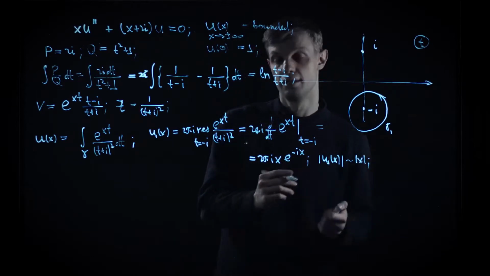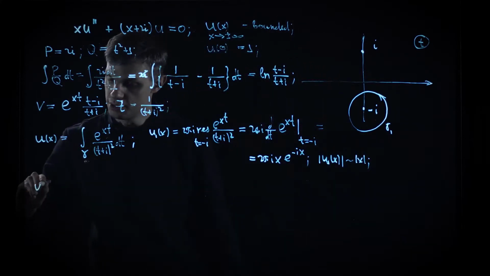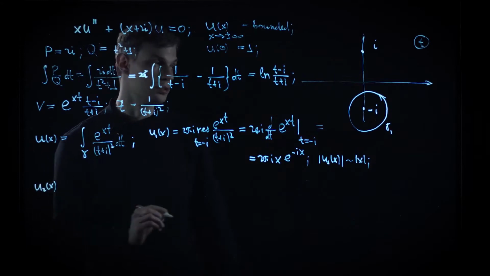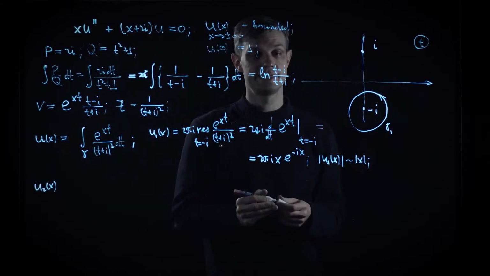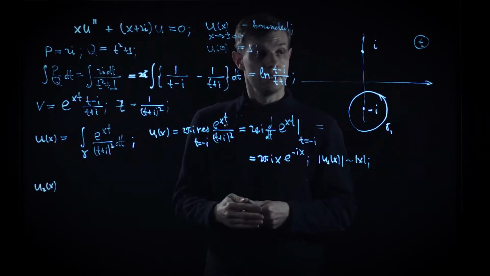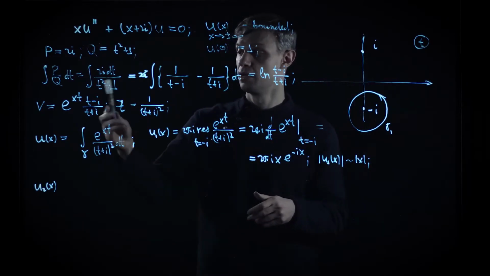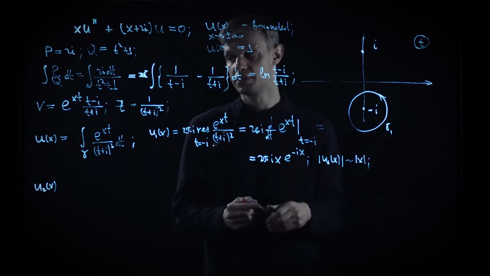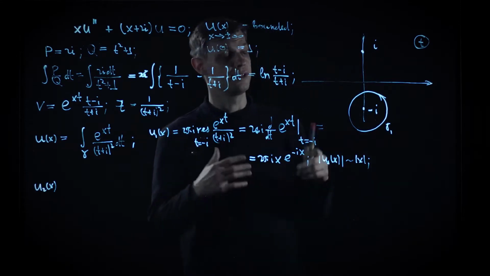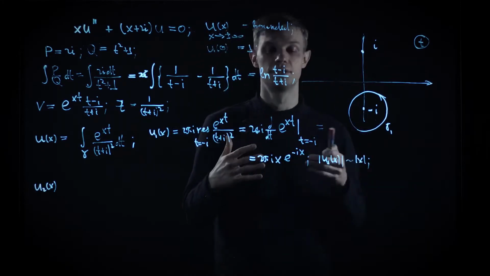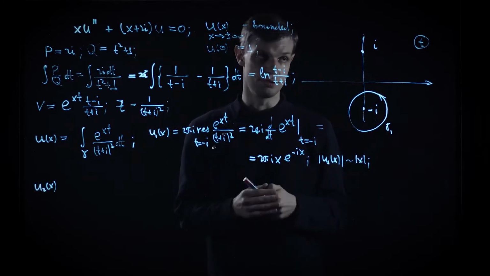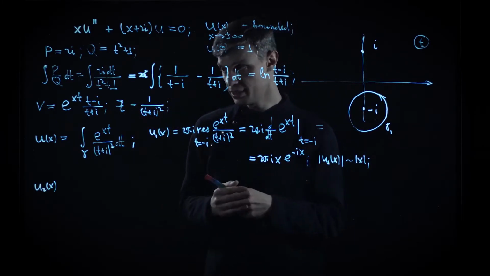So let's study another solution, which is defined by the second contour, which is not drawn yet. So let's draw it. Well, first of all, we recall that our V function vanishes at the point t equals i. Unfortunately, it's not possible to draw a closed contour for the second solution, so we have to improvise a little bit.